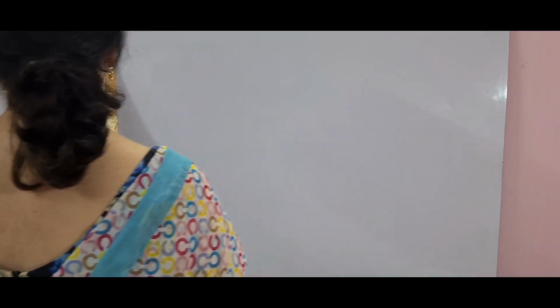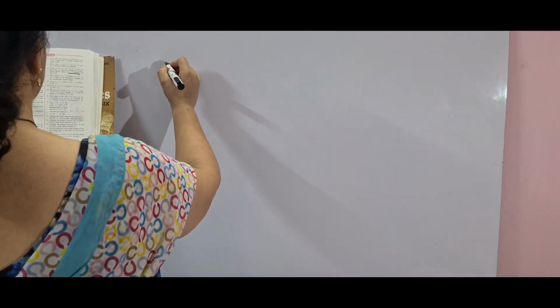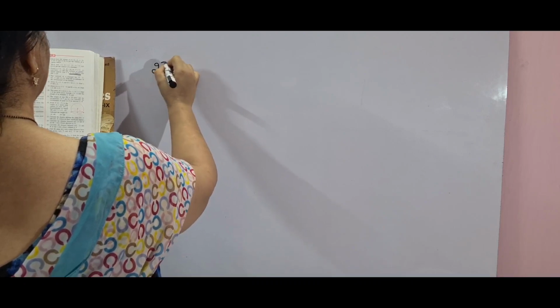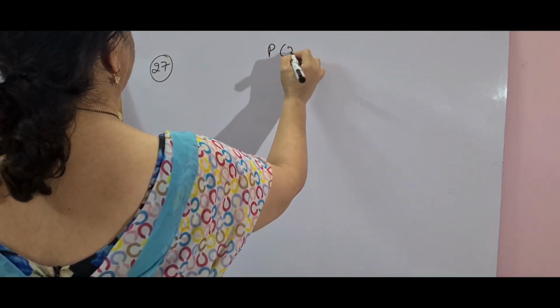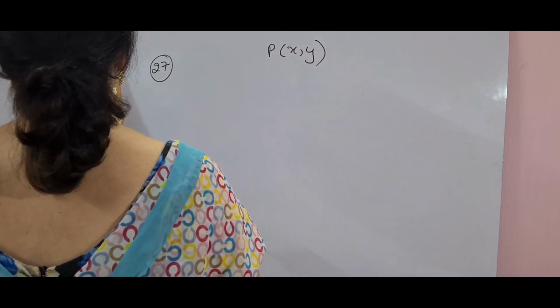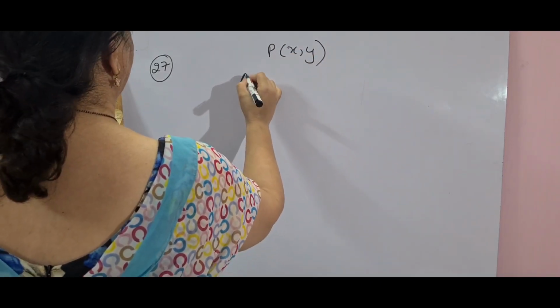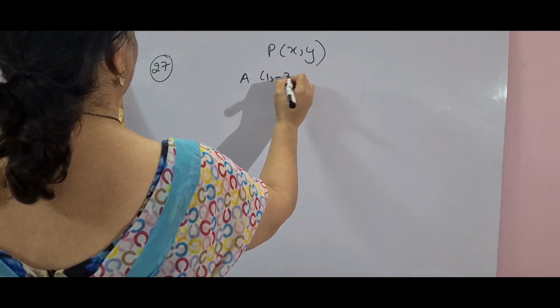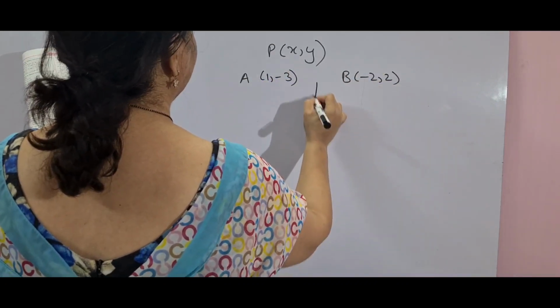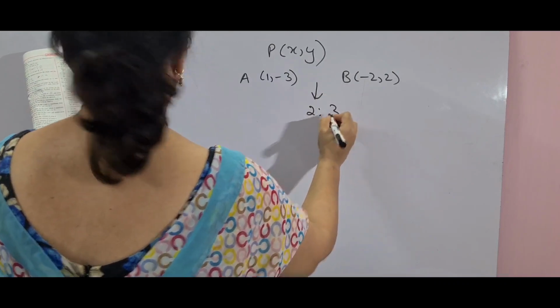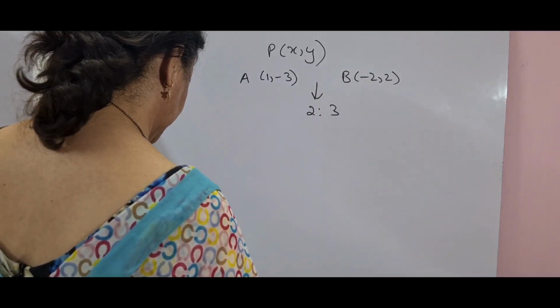Then come to question number 26 and 27, both are the same. I'm doing the 27 sum. He says that point P x comma y divides the line joining the point A, which is 1 comma minus 3, and B, which is minus 2 comma 2, in the ratio 2 is to 3. So this time they have given you the ratio. It is very simple.